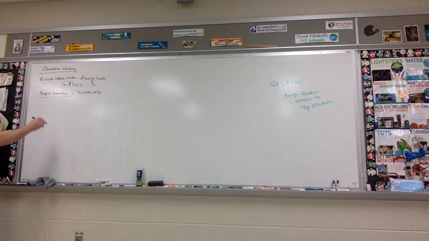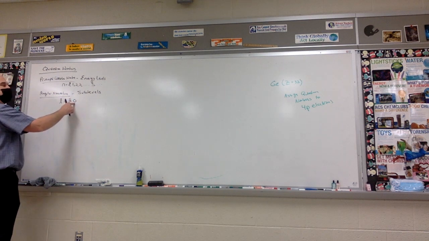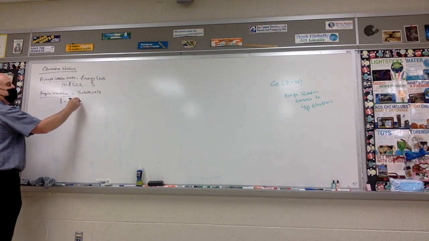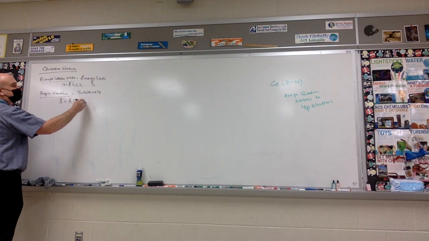And we represented that with an L, right? And what were the possible values for that? That was 0 to n minus 1. Right, you started at 0, and still used integer values.